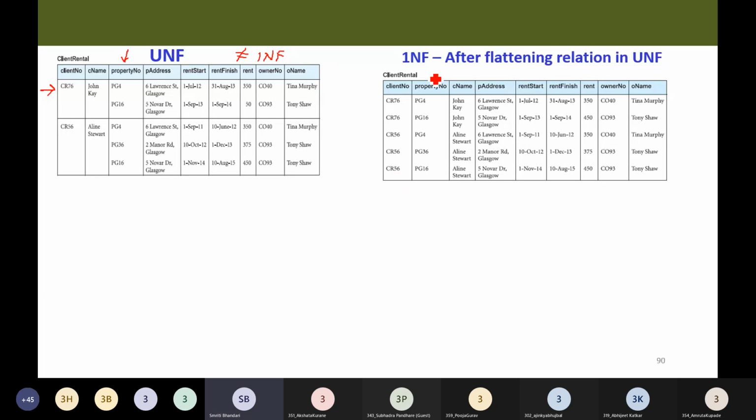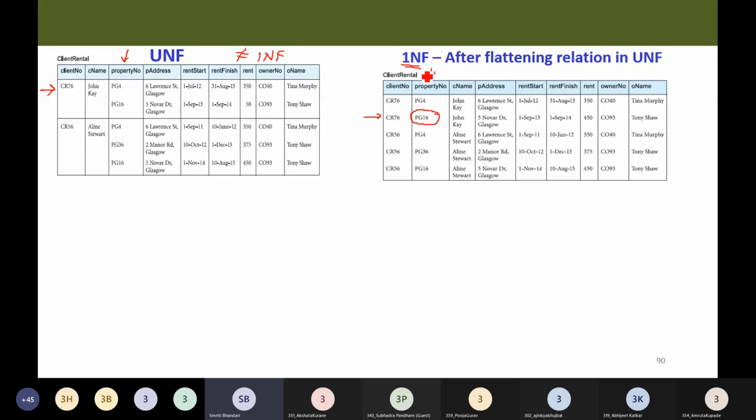So now this client rental relation is in 1NF. If we pick any row and any column, the intersection has a single value, and this is true for any row and any column in this relation.